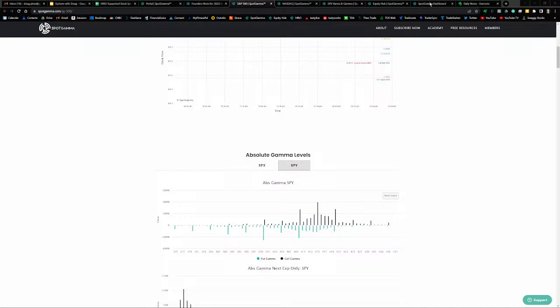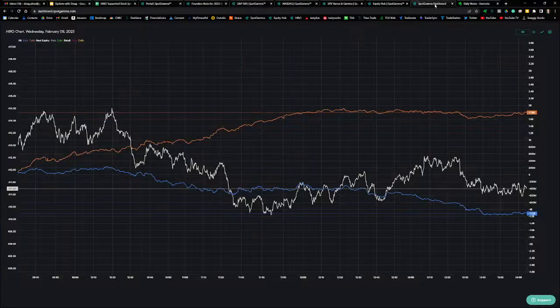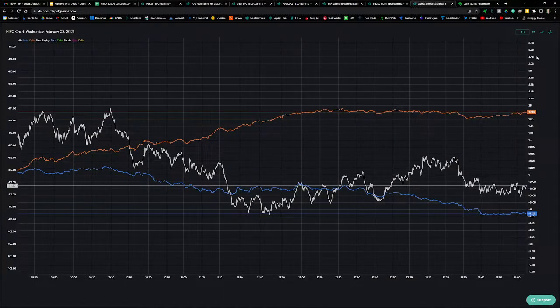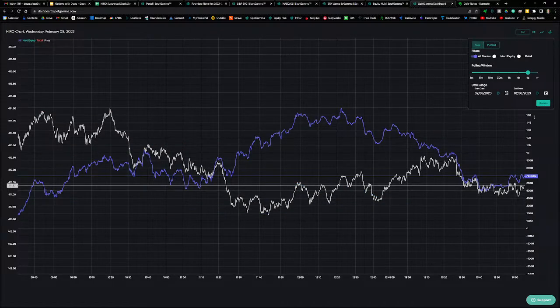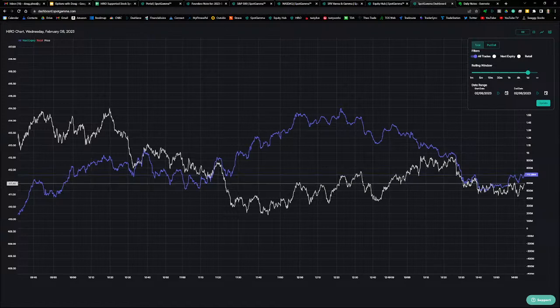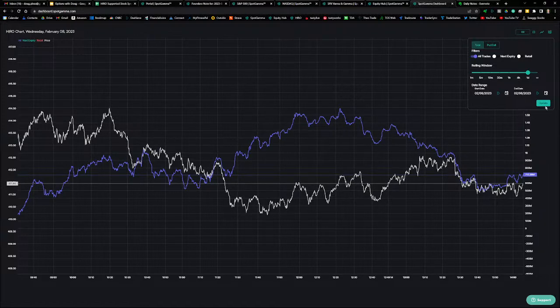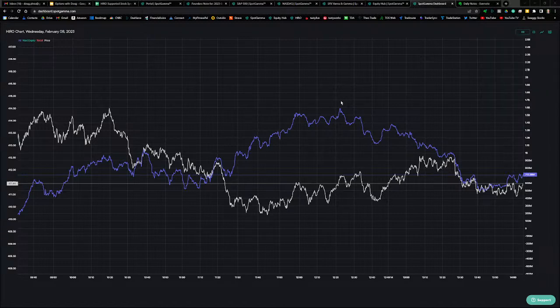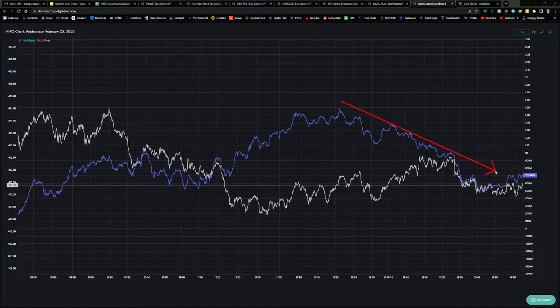All right, let's go back. Go back to Hero. So now it looks like traders have started fading this as price moved higher, and now it looks like they may be taking positive delta positions again.